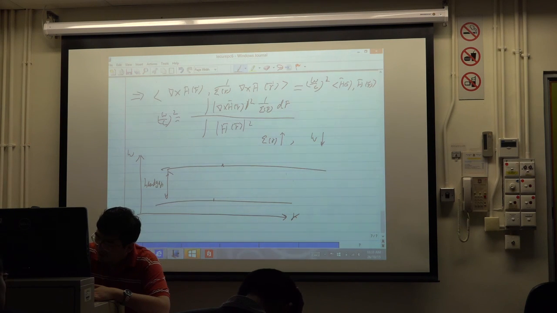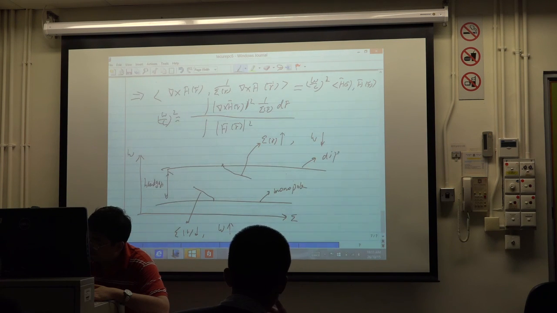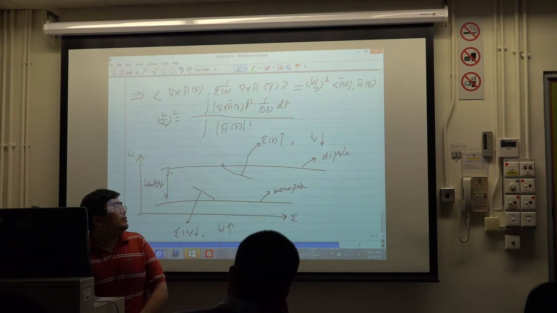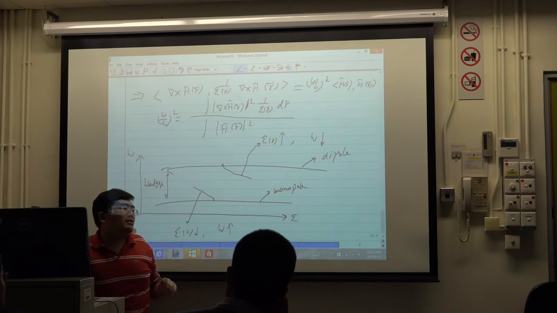So it's something like this. Then something like that. When you decrease the permittivity, it just increases your omega. So this is the monopole mode, at lower frequency, this is the dipole. So this is the reason. For the numerical experiment, I also let you draw this defect mode, and you can find similar things. Everything.